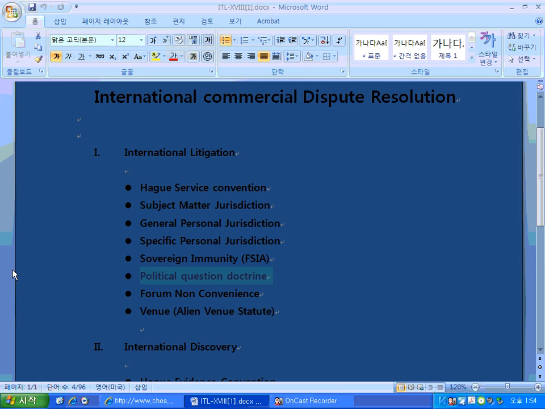Service of process is actually difficult, particularly in the international context, and in many cases default judgment is actually popular. So in this case, a default judgment would not deserve any due status in terms of enforceability of judgment.